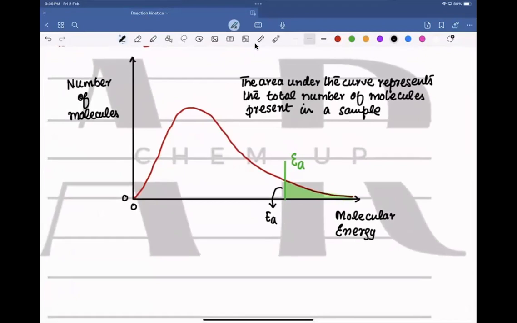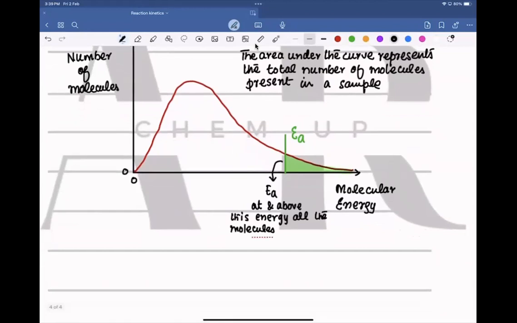It means that whatever the number of particles which are at this energy and above this energy, all the molecules have energy to collide successfully.